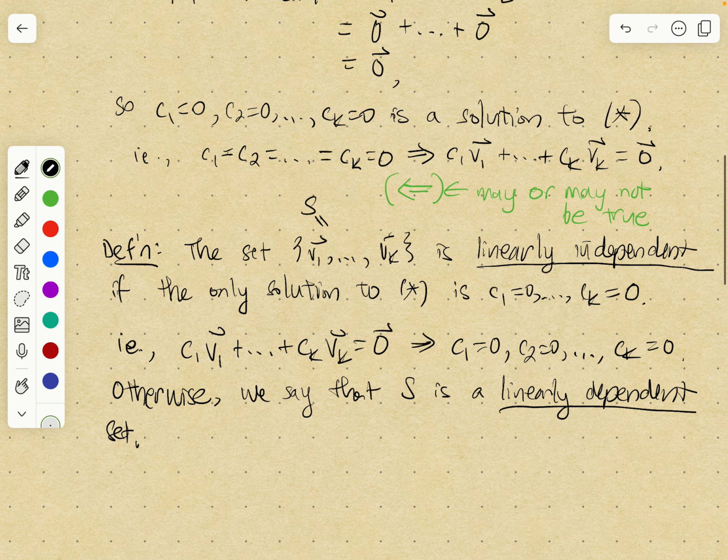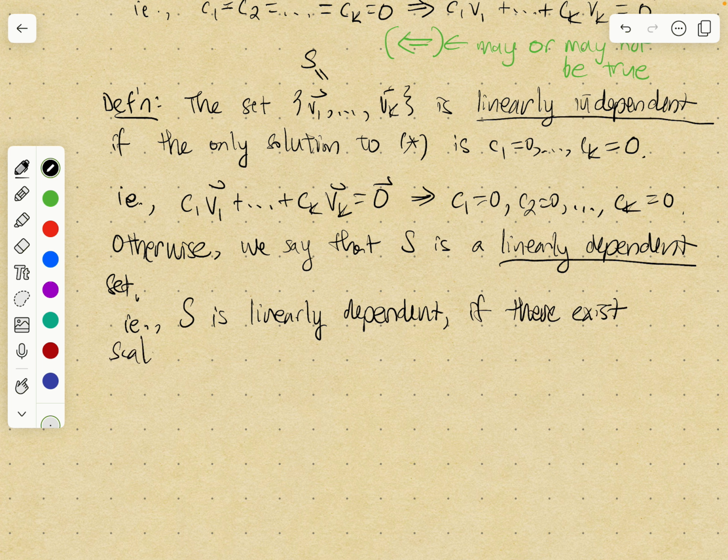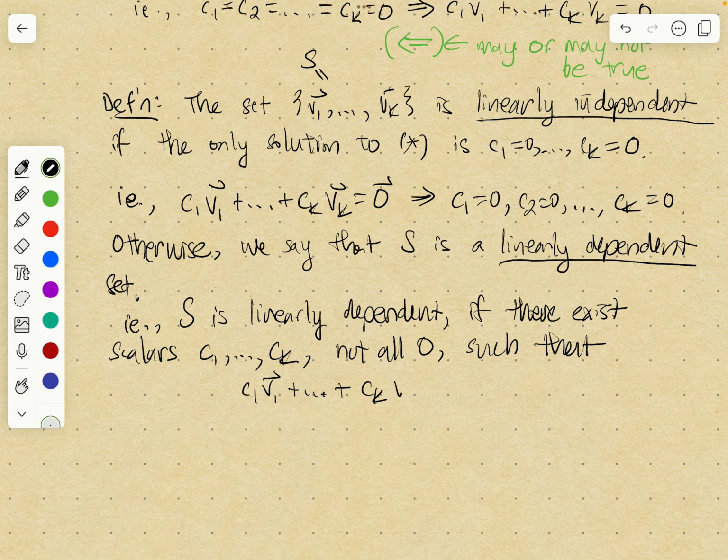So let's just spell out what it means to be linearly dependent. So S is linearly dependent if there exist scalars c1 through ck not all 0 such that c1v1 plus dot dot dot plus ckvk is the 0 vector.